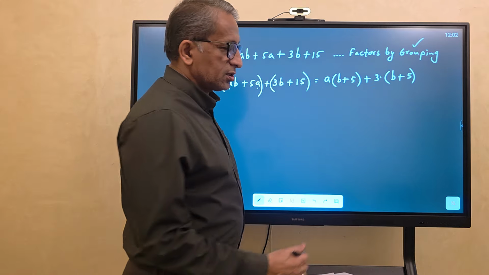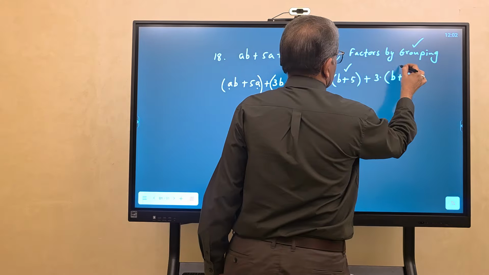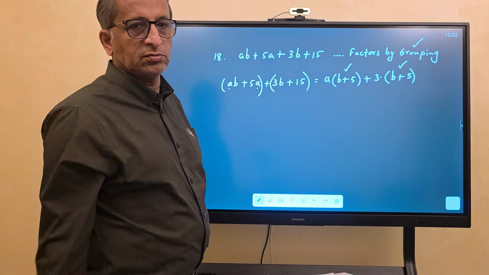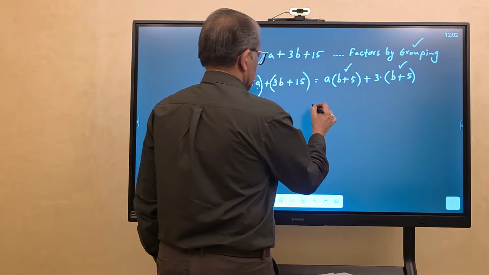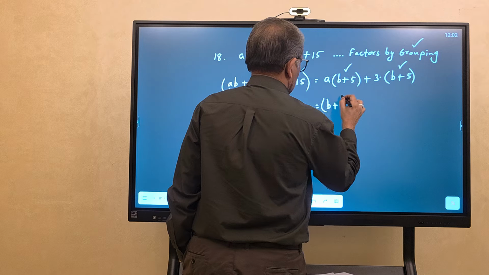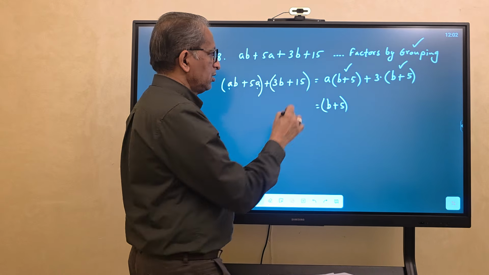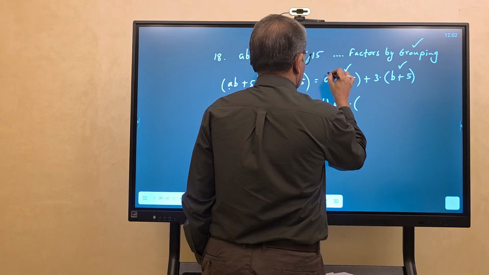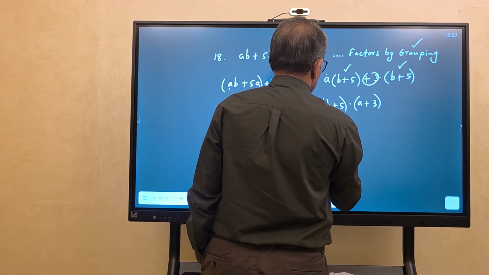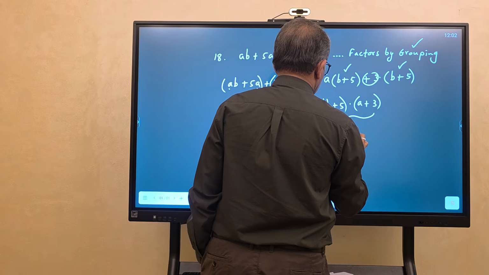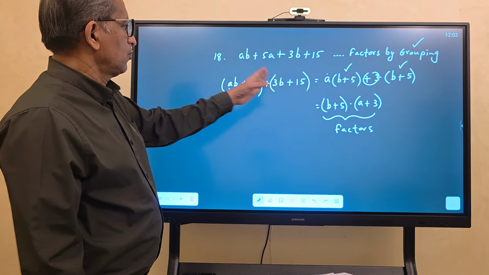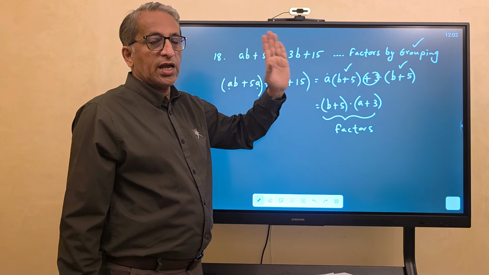Interestingly, when I do this, the same terms come out: b plus 5, b plus 5, present in both. Using the formula I just shared with you, take that b plus 5 out. That is common. Then what is left? a and then plus 3. So these two are the factors. This is how we do factoring by grouping.